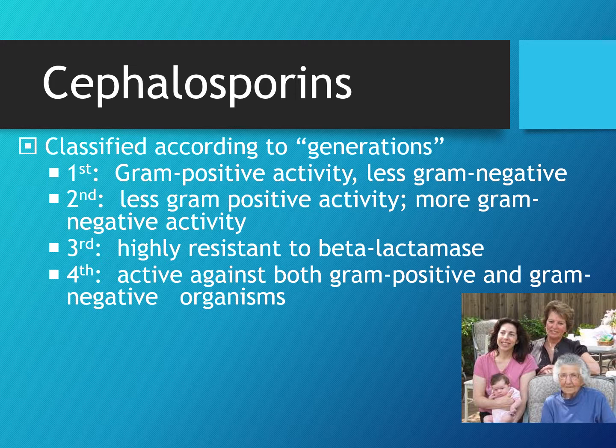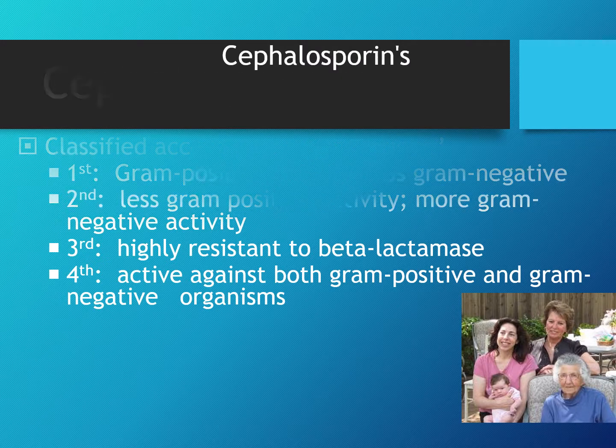Fourth generation is activity against both gram positive and gram negative. And so cefepime, or I think your textbook also includes ceftaroline, which treats community-acquired pneumonia and skin infections, as being considered a fourth generation cephalosporin.